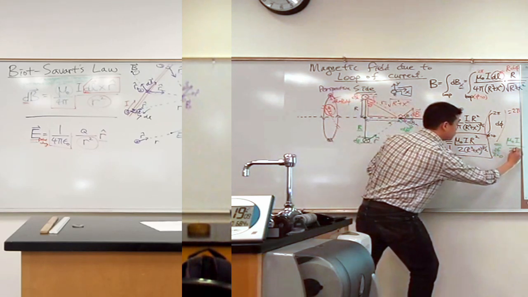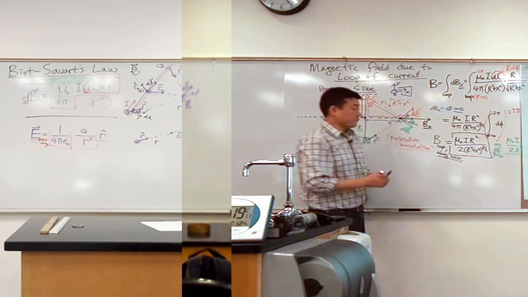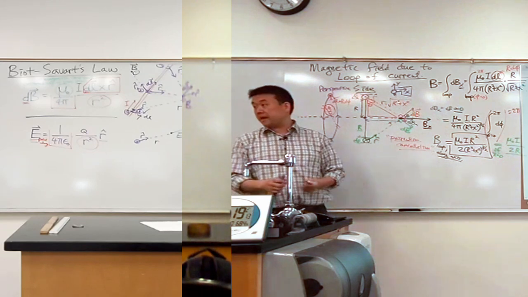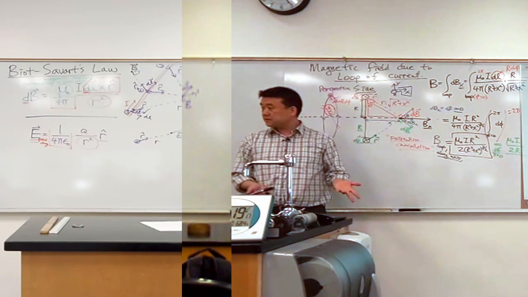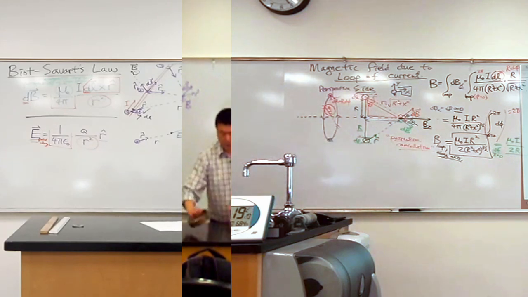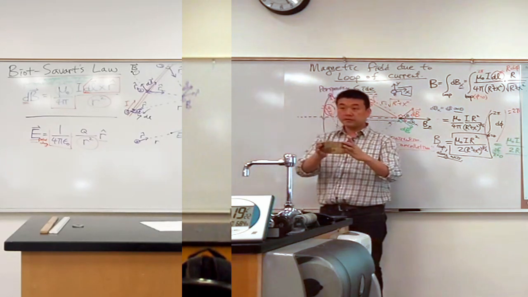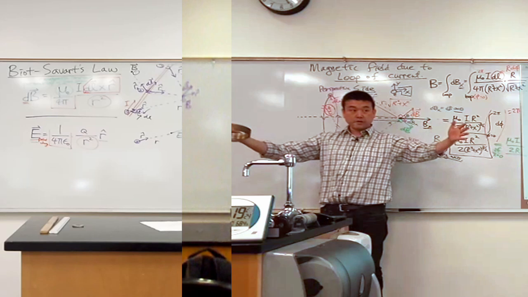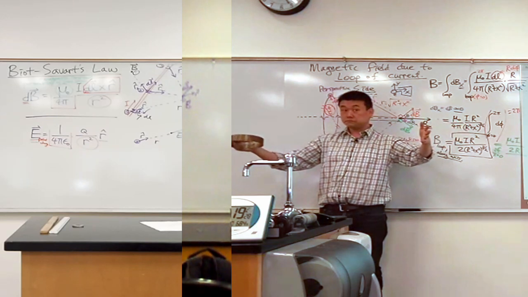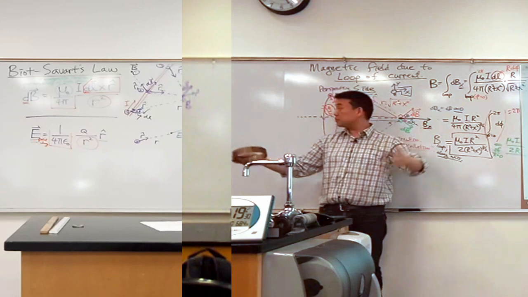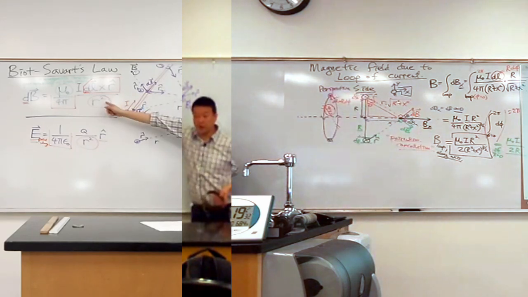So this is a limiting case where x is equal to 0. Does this expression make sense? If you have a loop carrying some current, and you make the loop larger, then the magnetic field at the center would become smaller. That makes sense, right? That's the inverse square law portion.